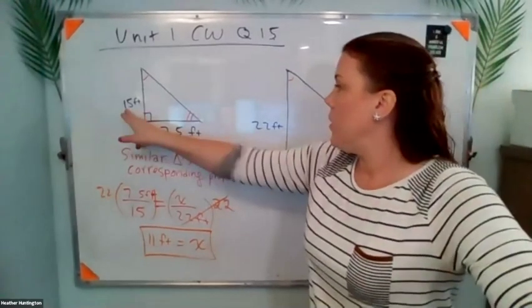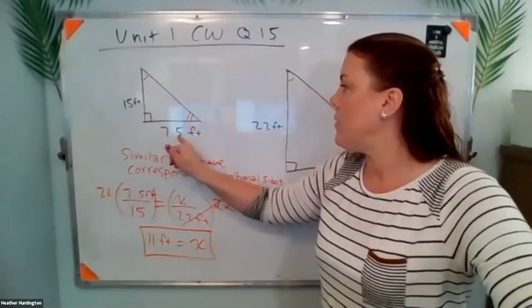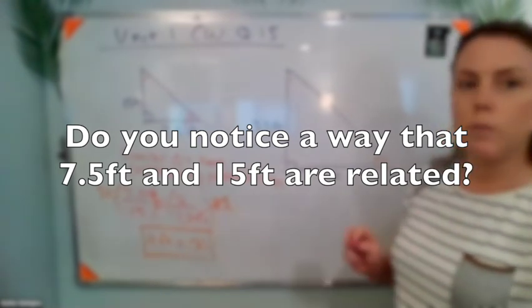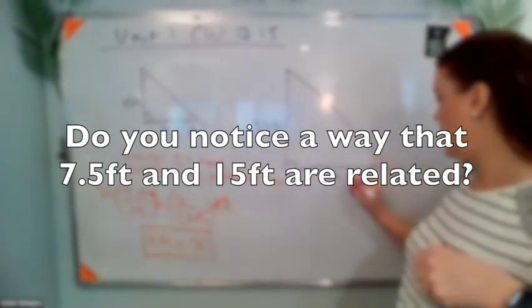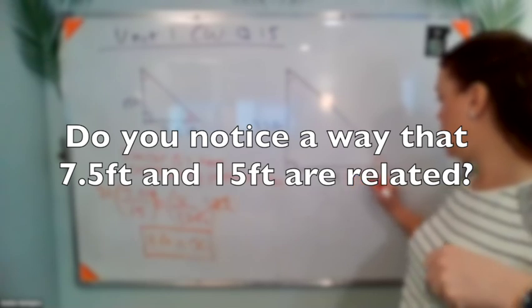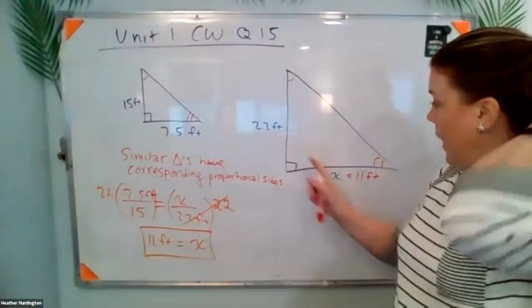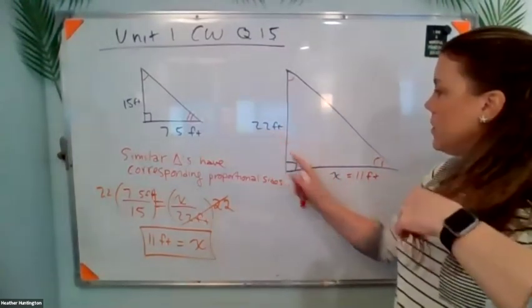Well, let's see. So notice, what's the pattern or what's the relationship between 7.5 and 15? How are those two numbers related? 7.5 is half of 15. Okay. So then does 11 seem reasonable?